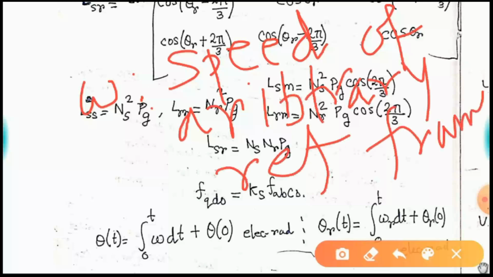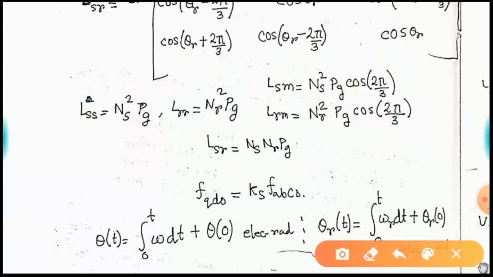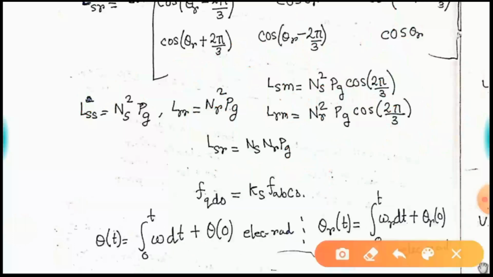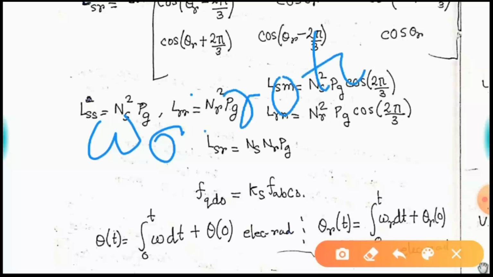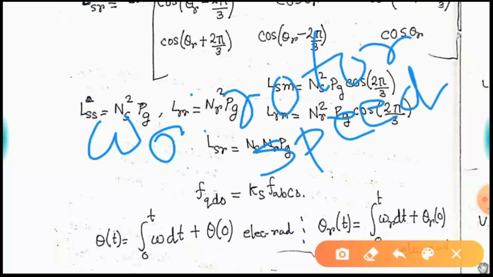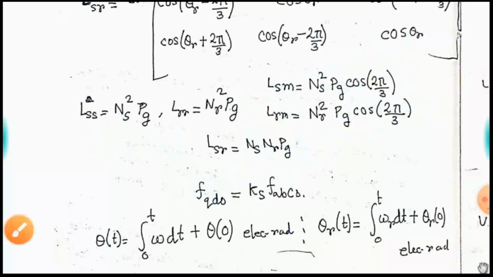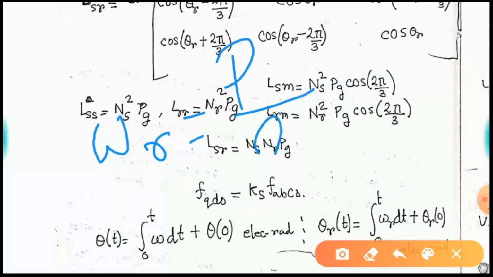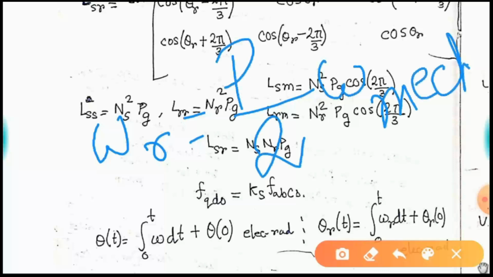And this omega r is the rotor speed. Better to say rotor electrical speed, meaning this electrical speed is related to the rotor mechanical speed, the physical speed, by this equation, right?